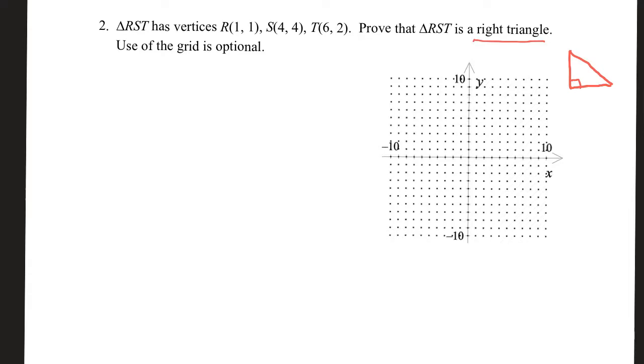So we need to test the slopes of all three sides, and then we're going to see which one of those slopes has a negative reciprocal slope to it, and that's when we'll prove that there exists a right triangle. 2 consecutive sides have a negative reciprocal slope with each other.